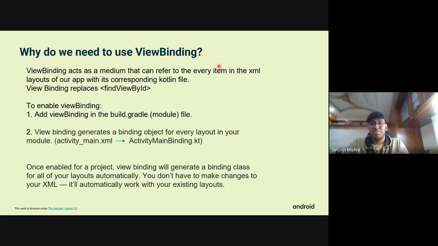It's easier to make mistakes if you always have to manually assign the ID for each and every element in your Kotlin file. We used to do it using something called findViewById. But now we don't use this feature. View binding actually is a very helpful feature.